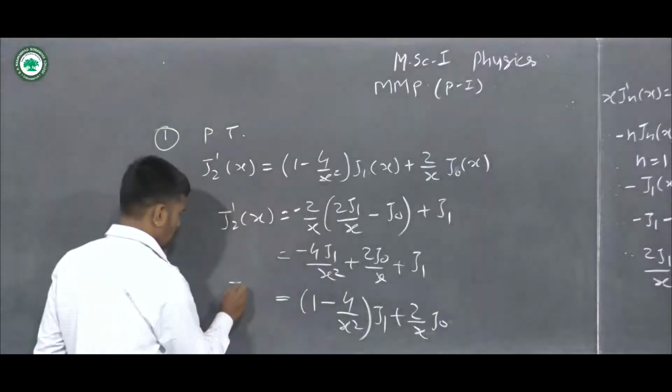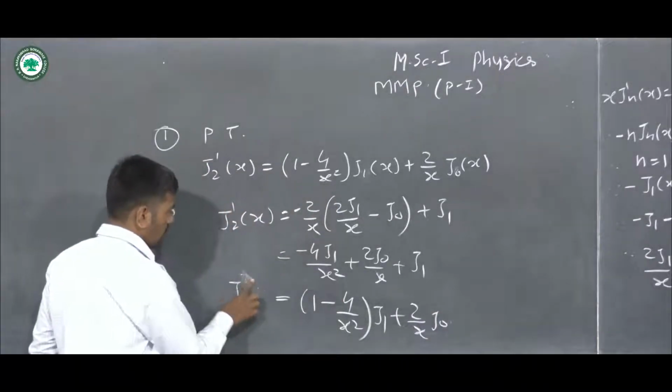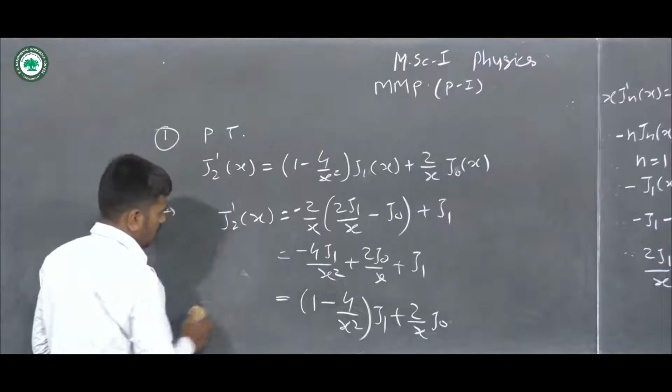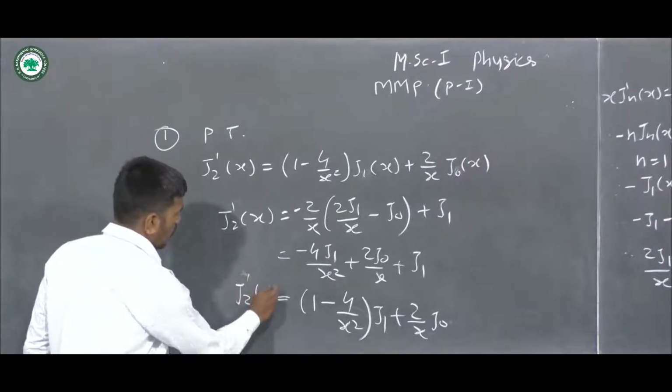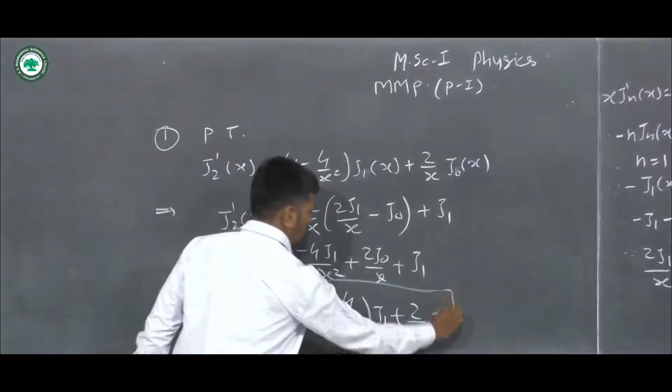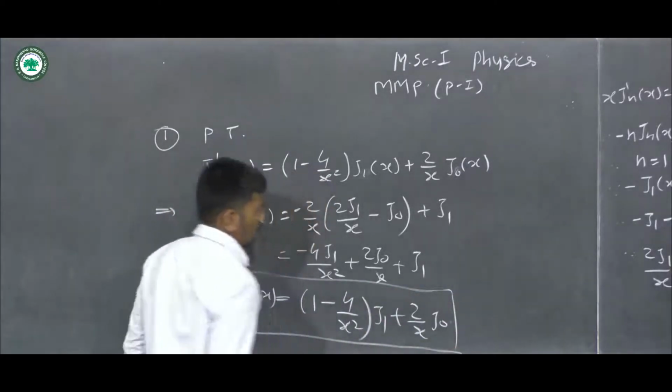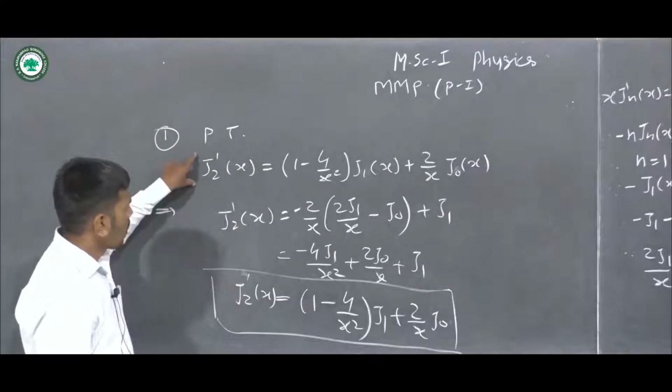Okay, so this is J prime 2 x. This is the solution of this given example.